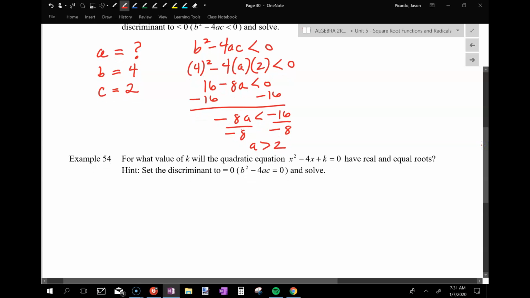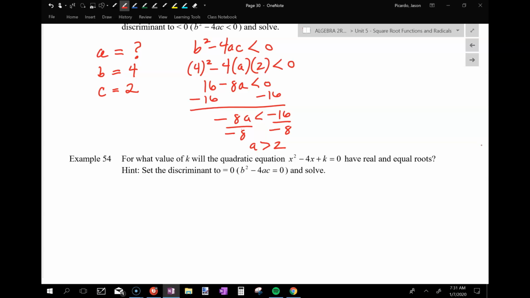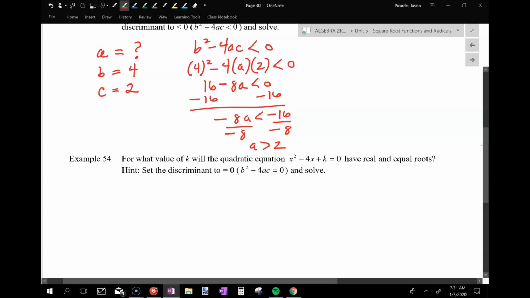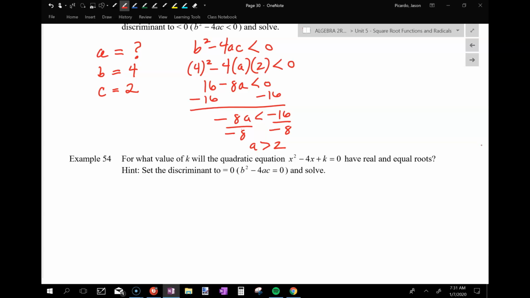All right, here's another weird scenario, right? I want to have real and equal roots. Now, this is a weird way for me to say something. Guys, if I told you you had two equal roots, give me an example of what the roots might be. 5 and 5. -3 and -3.